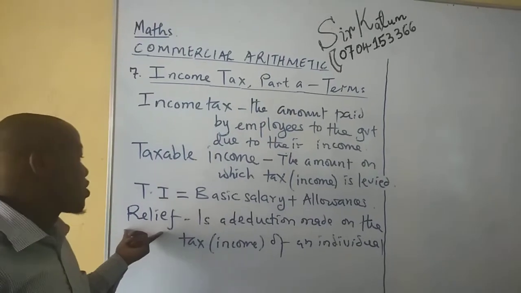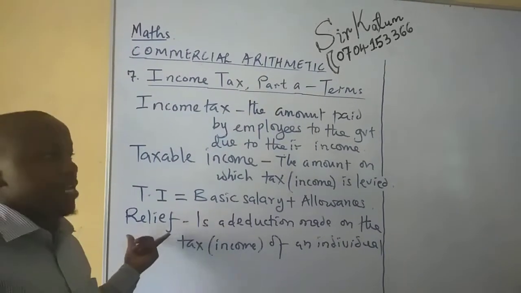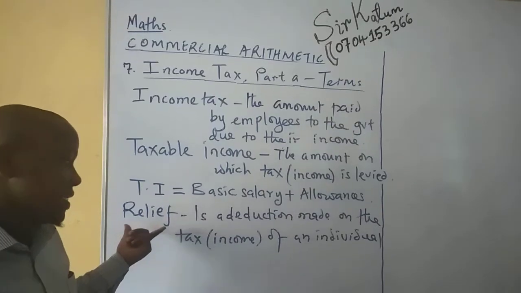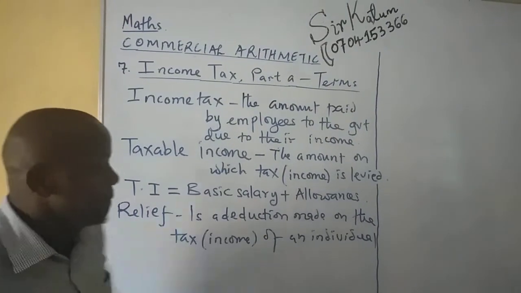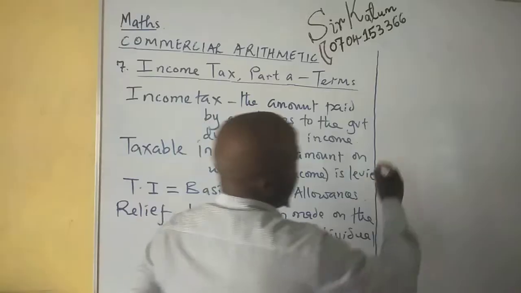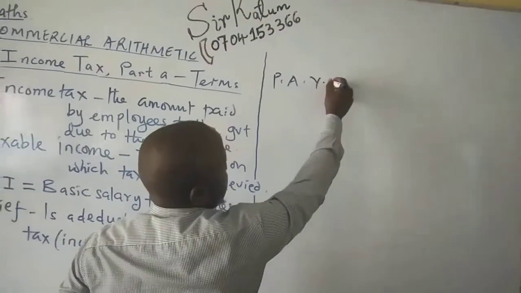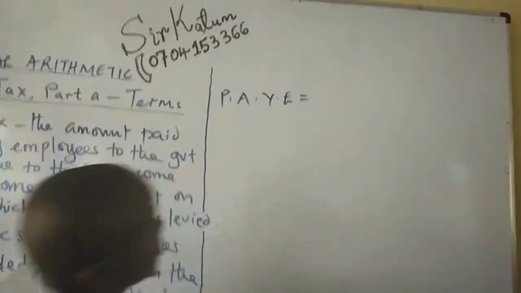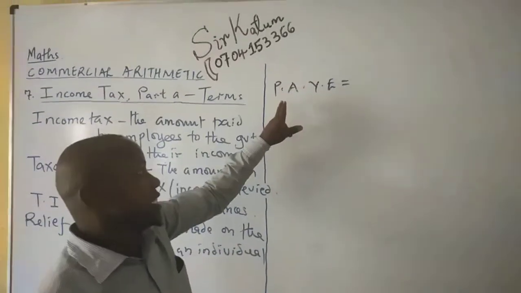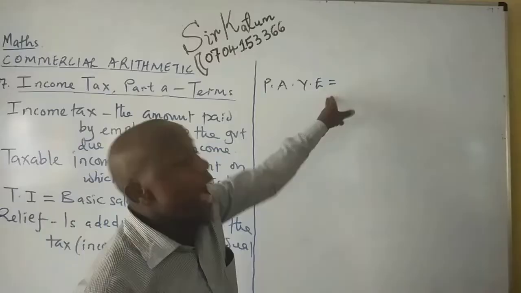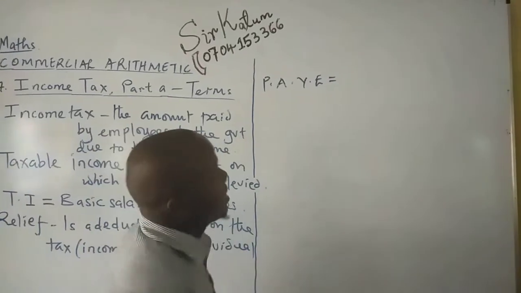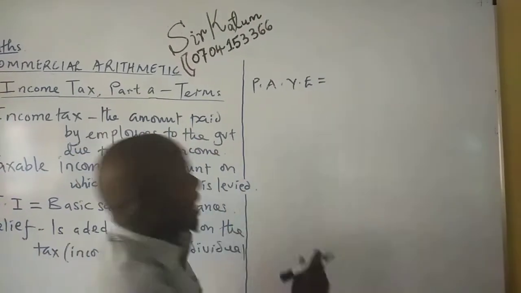If we have known what a relief is, this takes us to the next term, which I will call PAYE. PAYE in full means Pay As You Earn, and that is the net tax.